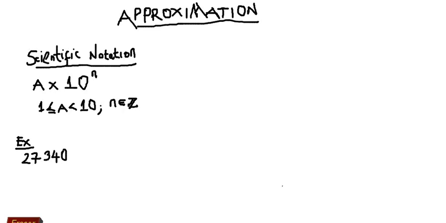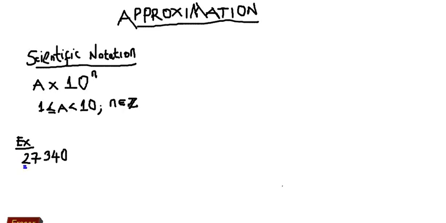So what we want to do is to write this 27,340 in such a way that it becomes a number which is less than 10. So, how do we write that? We pick the first non-zero digit and make it the only whole number component. So, the most significant non-zero digit in this number is 2.